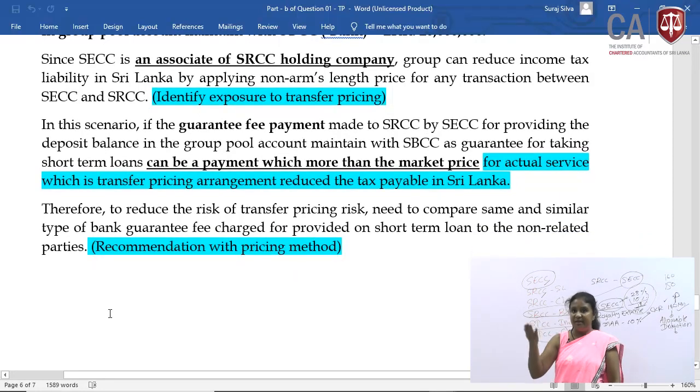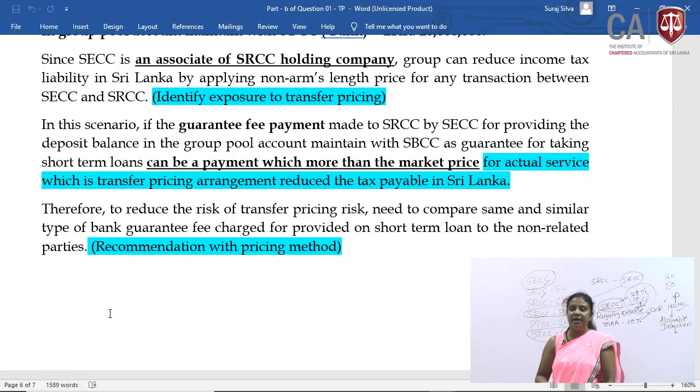In the application part, in this scenario, the guarantee fee paid to SRCC by SECC for providing the deposit balance in the group pool account maintained with SBCC, as a guarantee for taking short-term loans, can be a payment of more than the market price.